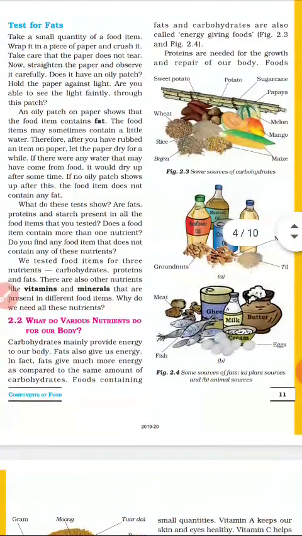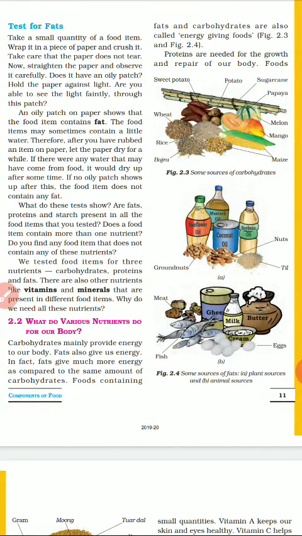All these nutrients, proteins, carbohydrates, fats, vitamins, minerals, dietary fibers and water, have been categorized according to what they do in our body. For example, carbohydrates we will study first. Carbohydrates and fats give us energy.